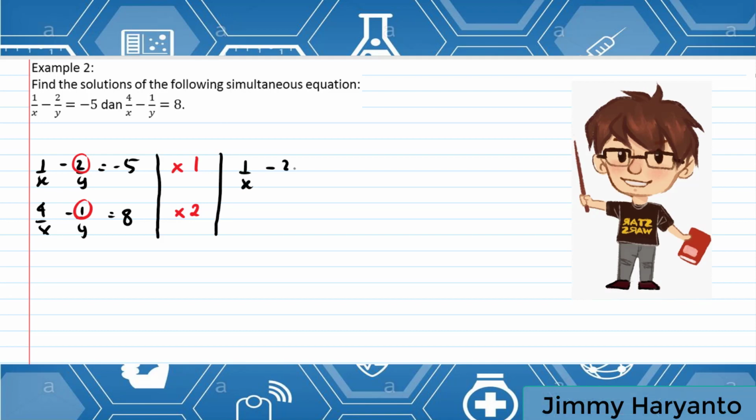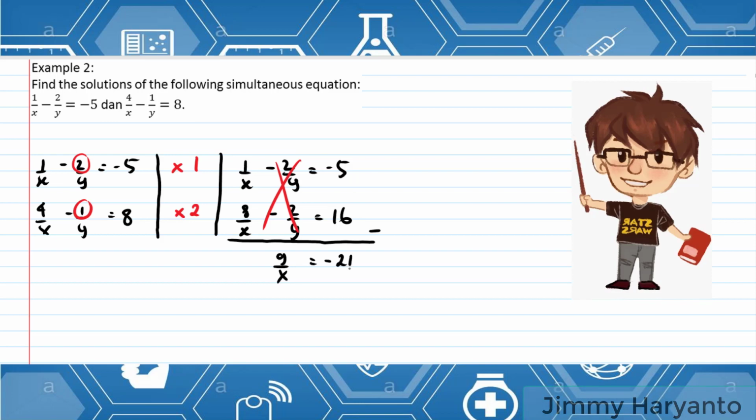1 over x minus 2 over y equals negative 5. And then the bottom part is 8 over x minus 2 over y equals 16. And then I have to subtract them because this is negative and negative. Same kind, you should subtract. This y term will be gone, and then this part will be 9 over x equals negative 5 minus 16, negative 21.